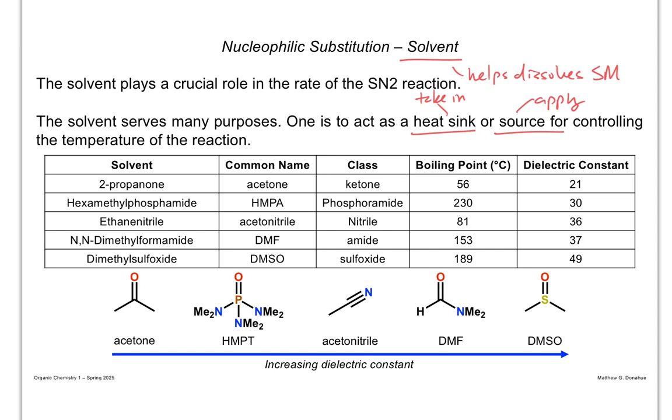Because solvent is typically there in a huge excess, that solvent can take the heat, transfer it to the molecules, and help with the reaction. Or if the reaction itself is exothermic and generates a lot of heat, the solvent molecules can take the heat from that reaction and dissipate it. So it's used for dissolving and controlling temperature.